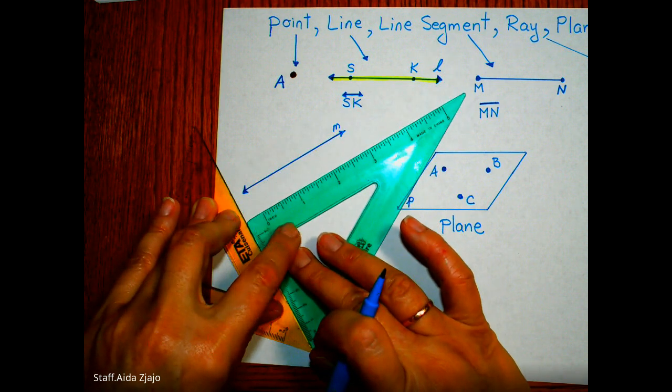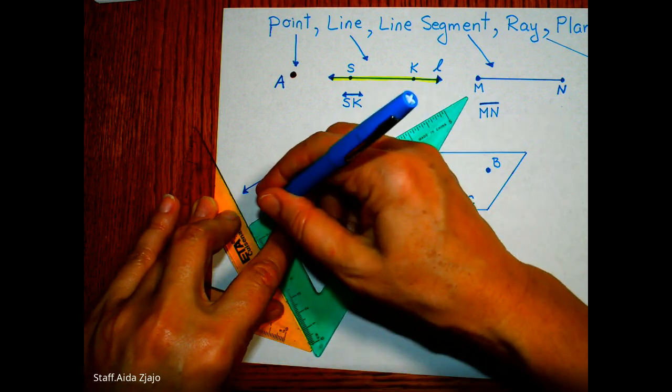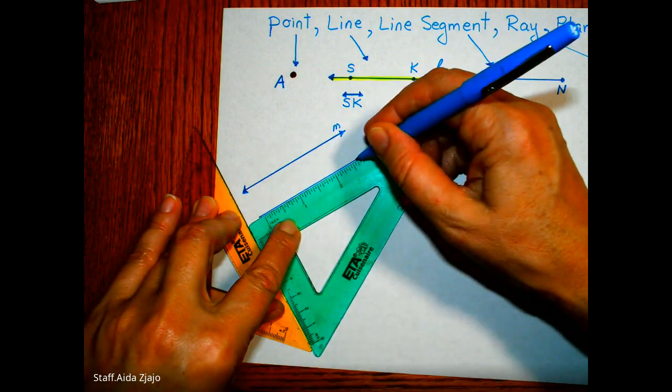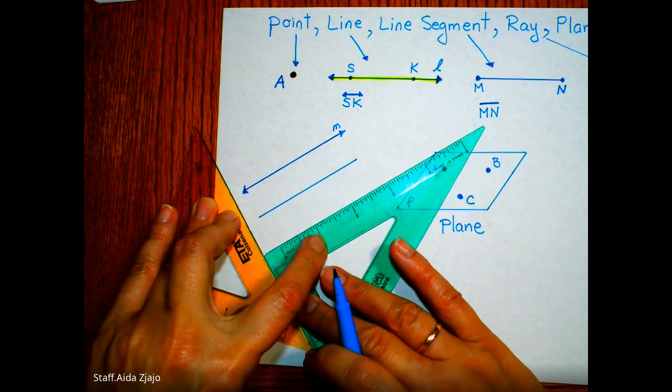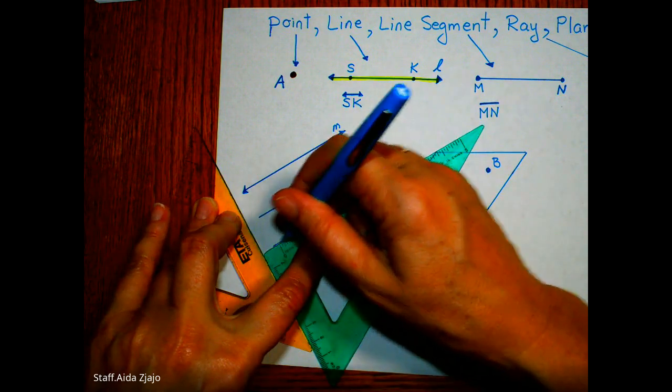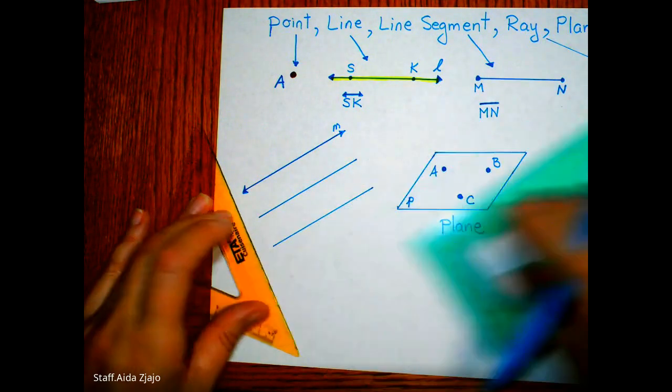If this is another one, and then I can make another one. So these three would be parallel lines, three parallel lines.